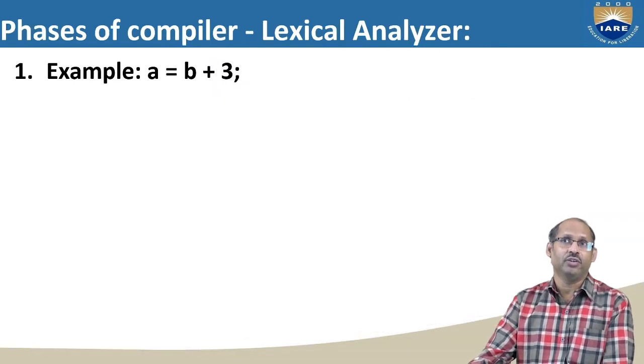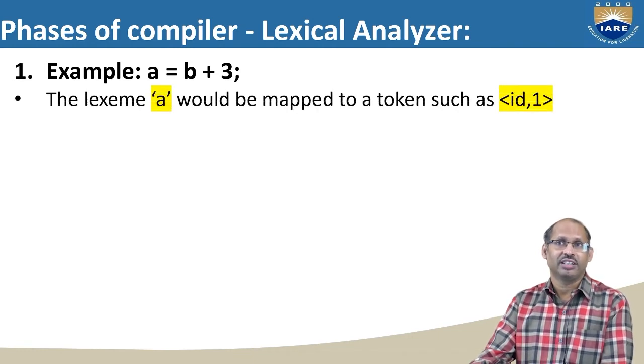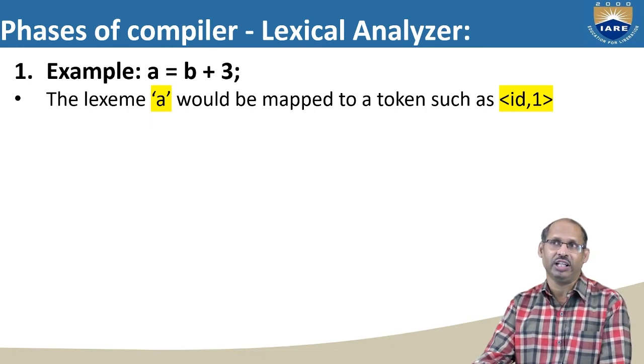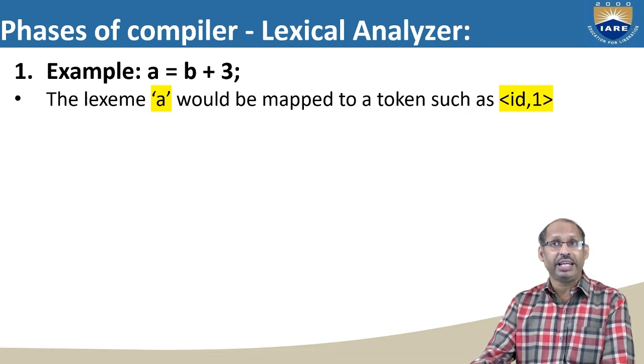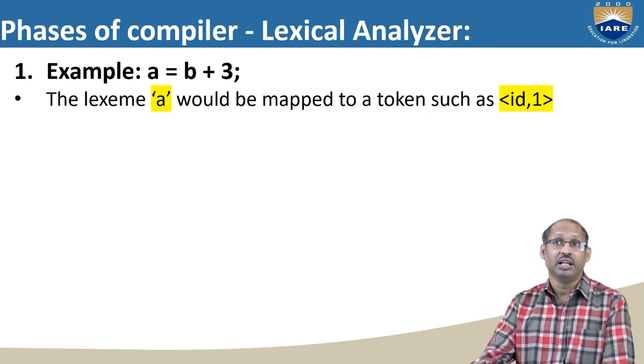So we have a equal to b plus 3 semicolon. That is the input to the lexical analyzer. What is the first character? A. Then the lexeme A would be mapped to a token such as identifier 1. So the variable A is an identifier, that is the first entity. Then it is stored in the symbol table.